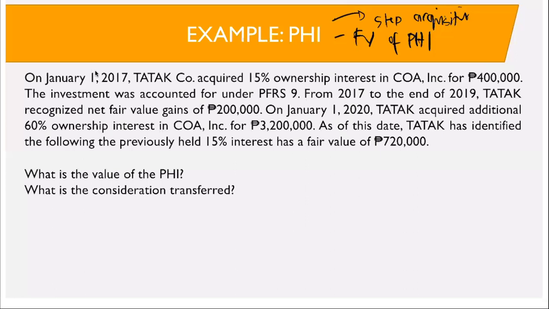The investment was accounted for under PFRS 9. From 2017 to 2019, Tatak recognized net fair value gains of 200,000. On January 1, 2020, Tatak acquired additional 60% ownership interest in COA for 3.2. So before 15%, you purchase new interest of 60%, you have now 75%.